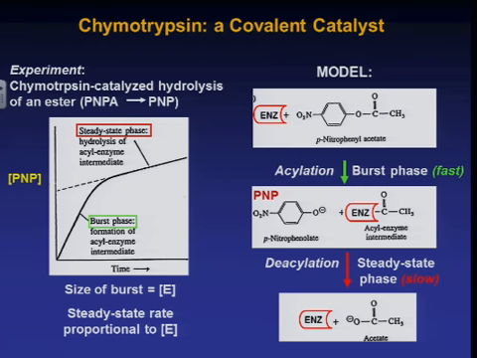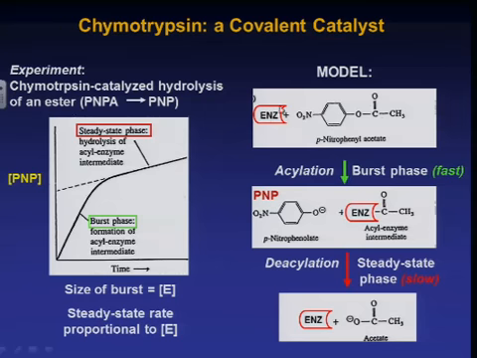So how do you explain those results? They came up with a model for covalent catalysis, and we will see that during the catalytic mechanism for chymotrypsin, there is a covalent bond that's formed between the enzyme chymotrypsin and the substrate.